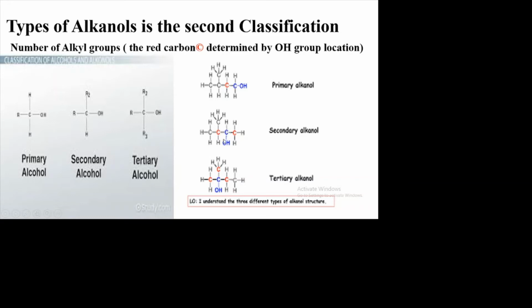So that second carbon will not be considered as the carbon that determines the type of alkanol. So you count the first carbon and you count the second carbon, that is 2. Then look at the third one, 1, 2, 3. So the red carbon is determined by OH location.